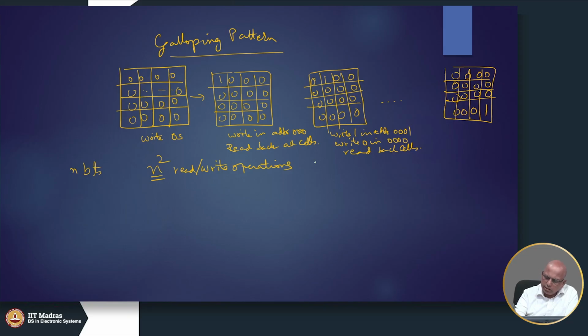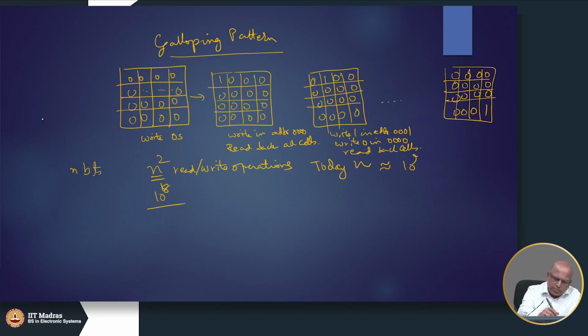So today n is of the order of 10 to the power 9. So this will become 10 to the power 18, which is a very large number. So you can calculate how big that number is multiplied by the time it takes to do a read and write operation. So you will realize that it will take a lot of time.